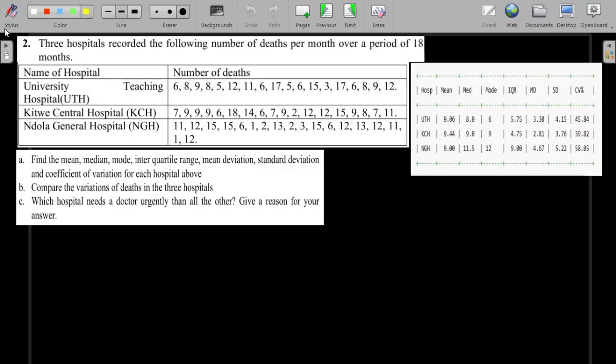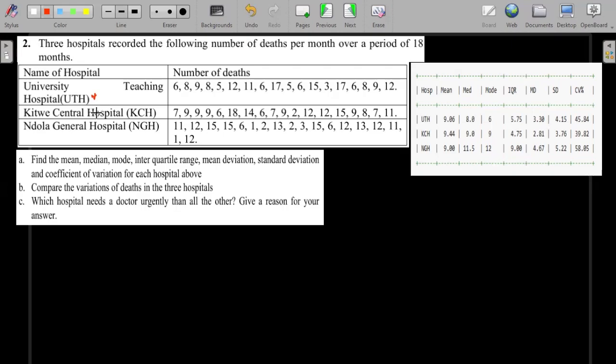Here they're saying 3 hospitals recorded the following number of deaths per month over a period of 18 months. This means in the first month there are like 6 deaths, the second month 8 deaths, just like that. This was the data collected for the University Teaching Hospital, which is UTH.